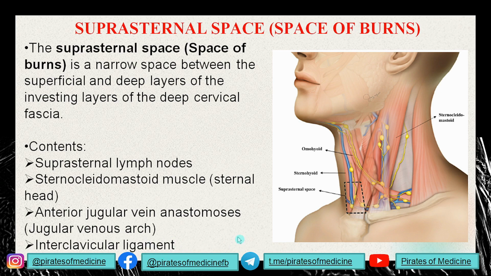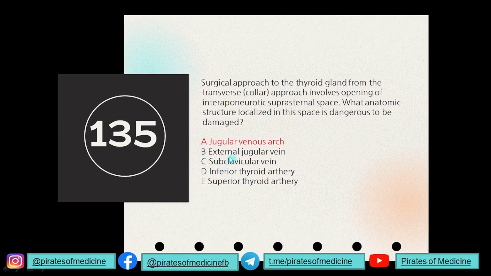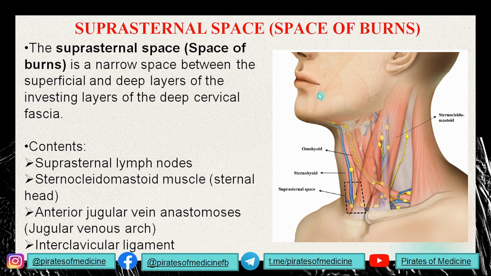These are present in the space of Burns. And out of all these contents, what is present in the options? The jugular venous arch can be damaged if the surgeon's approach to the thyroid gland is sloppy or not perfect. So that is why the answer is jugular venous arch.